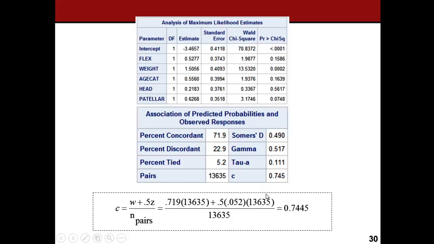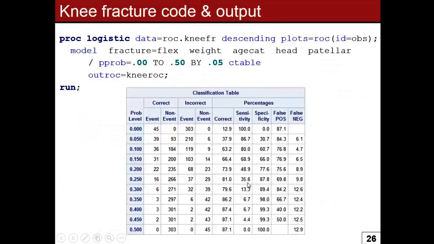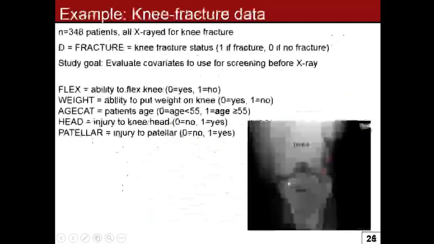So without even asking for an ROC curve, it gives you all of the components, the concordant, the discordant, and the tied, and you can compute the C statistic. So this is actually part of the default SAS output. And so let's actually jump into an example.